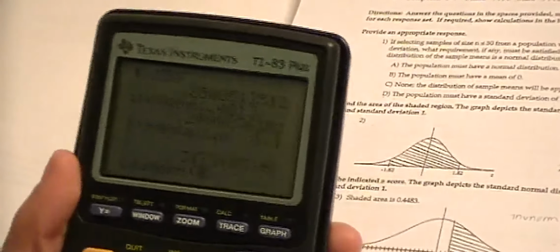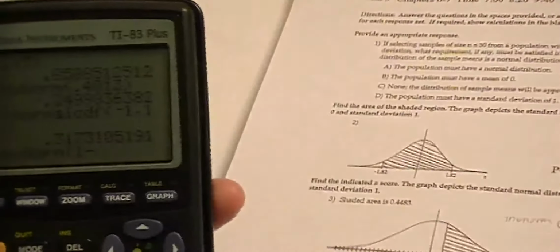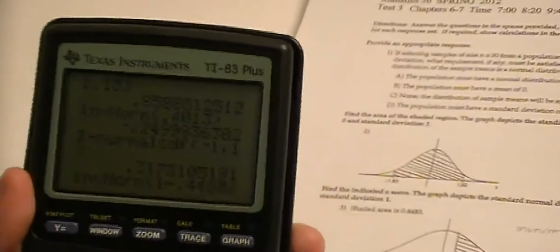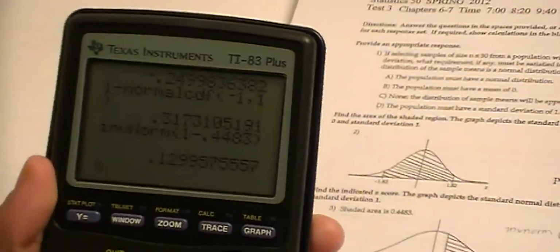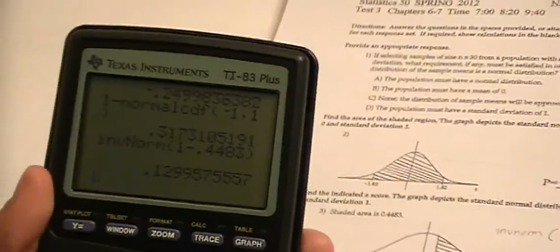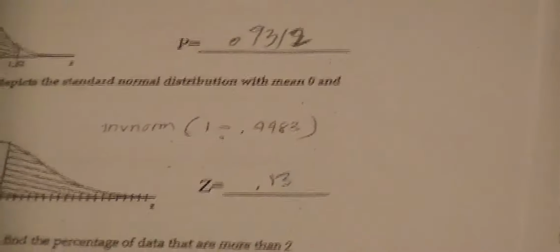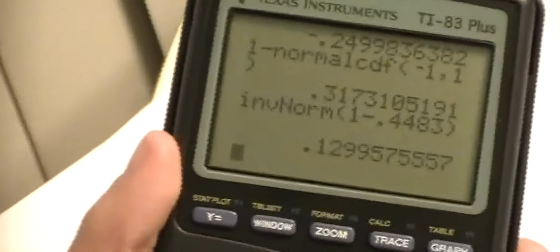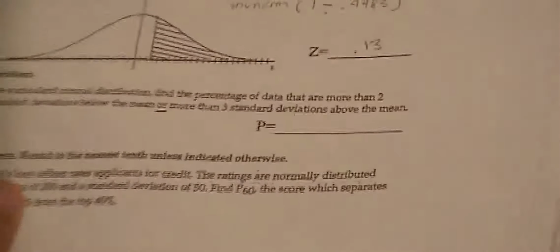So you'll just do second bars and then number 3 of 1 minus 0.4483. And that will give you 0.129, which since it's a z-score, you want to round it to 2 decimal places. So you would put 0.13. And that should be the answer. Don't know if it is, but it should be. I trust you.